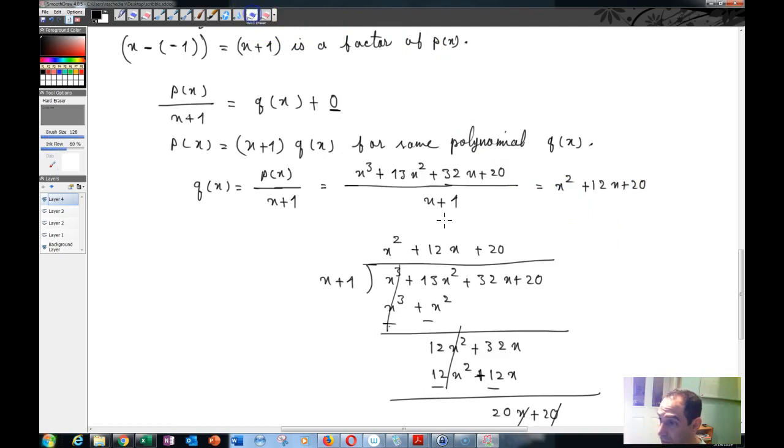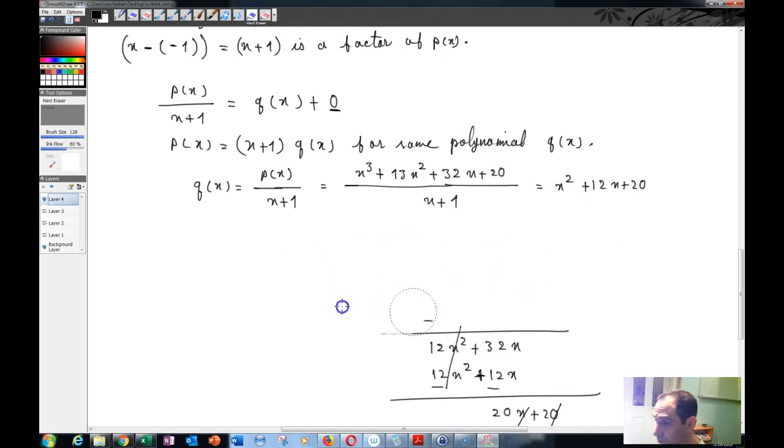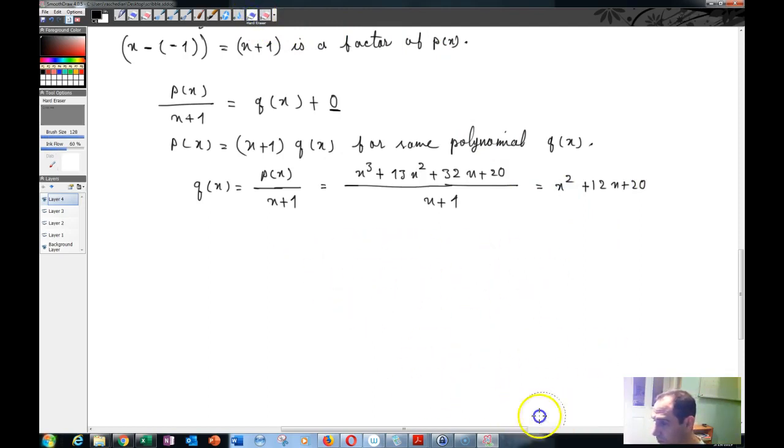So that's that. And then you can say that this is P of x, and you have divided P of x by this polynomial, and it's giving you this polynomial.